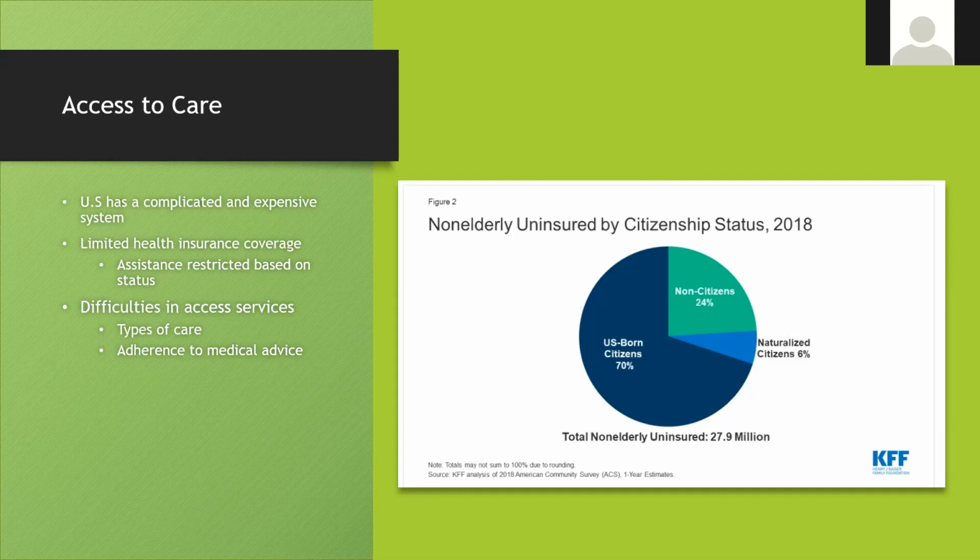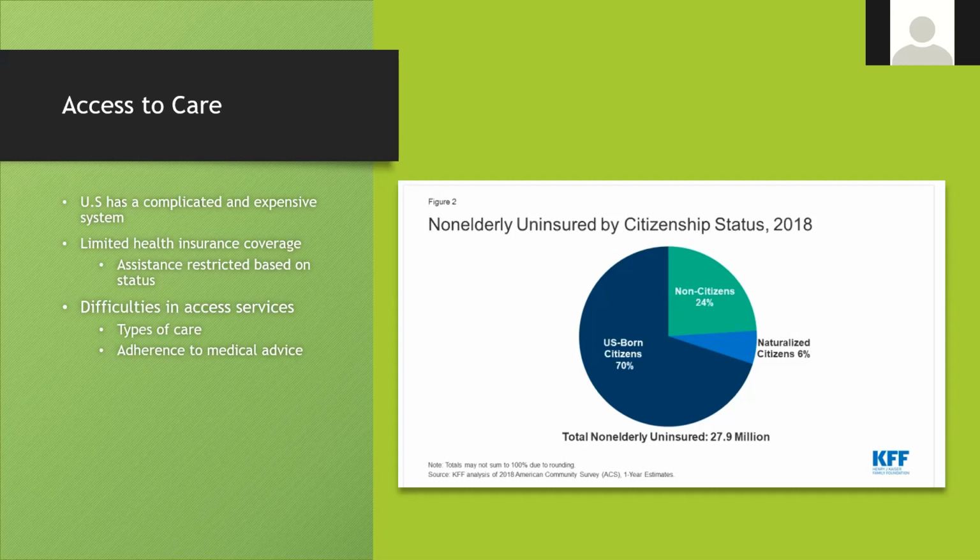And if a person doesn't have employer-based health insurance, which is not, I don't want to say common, but if they don't have employer-based health insurance and they're unable to pay out of pocket, the options for covering healthcare costs are pretty limited.